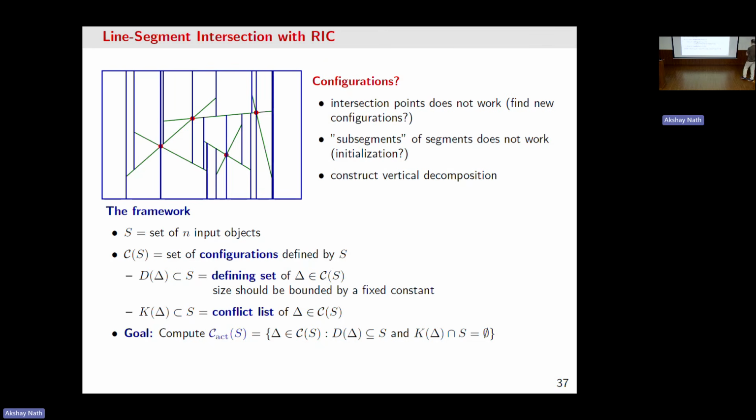First of all, if I have j segments, what is the number of trapezoids? That was order j, since we don't have any intersections anymore. What is the expected number that appears when I add something?